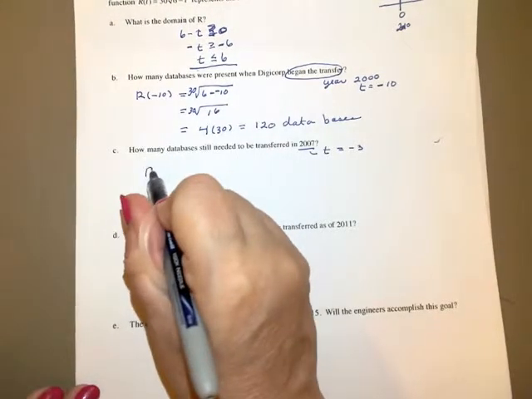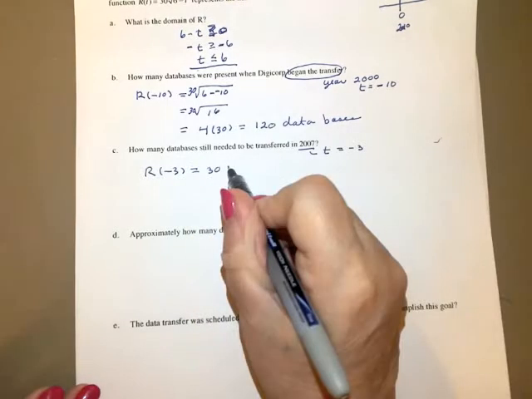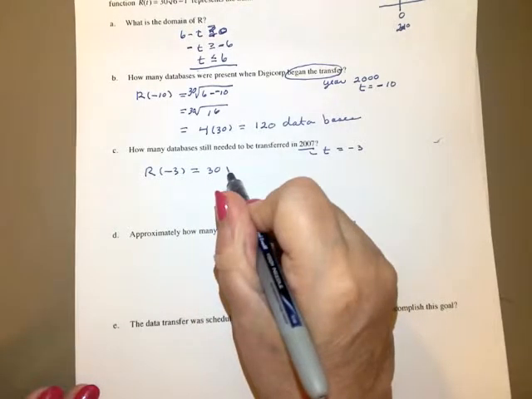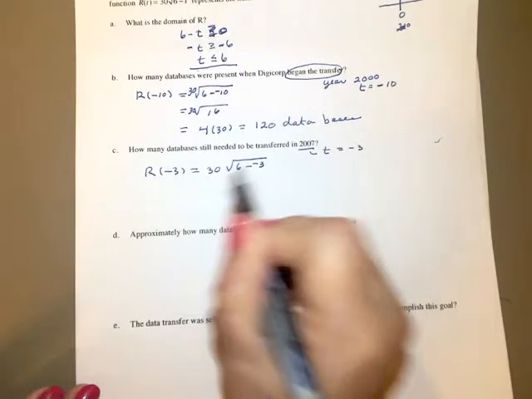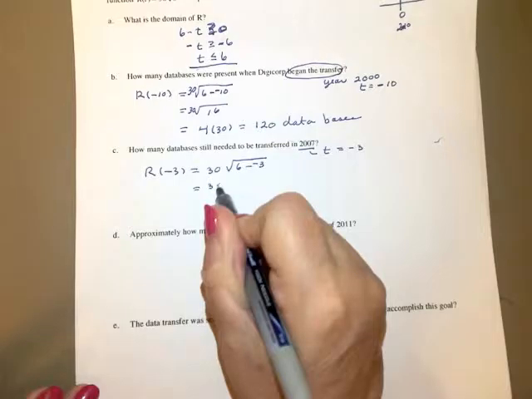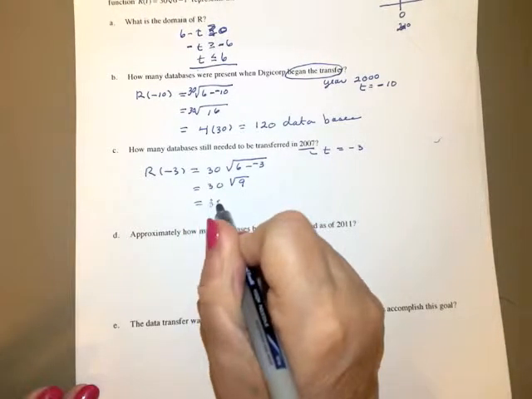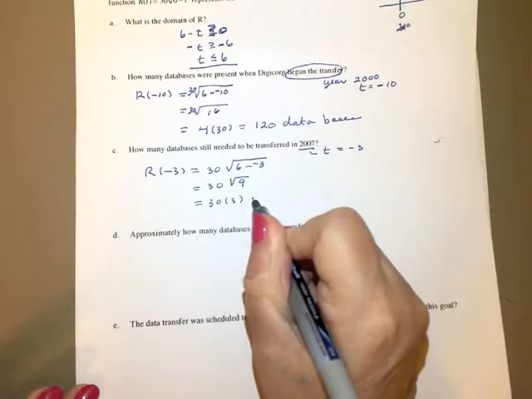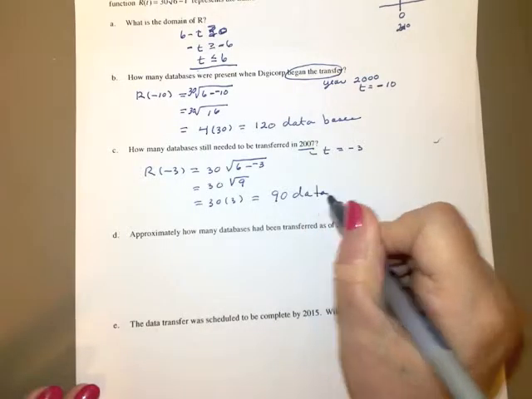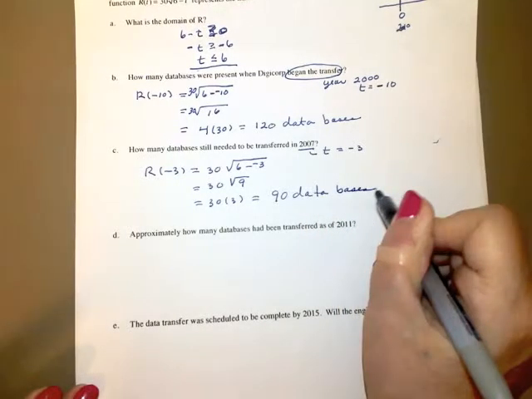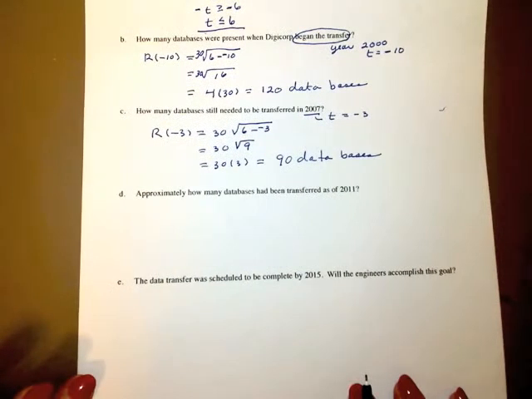So this would be r of negative 3, which is 30 times the square root of 6 minus a minus 3, which is 30 times the square root of 9, which is 30 times 3, or 90 databases still needed to be transferred in 2007.